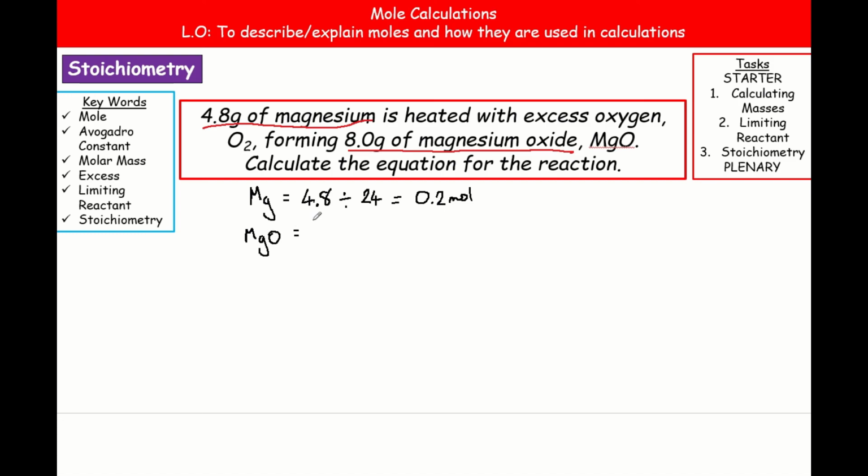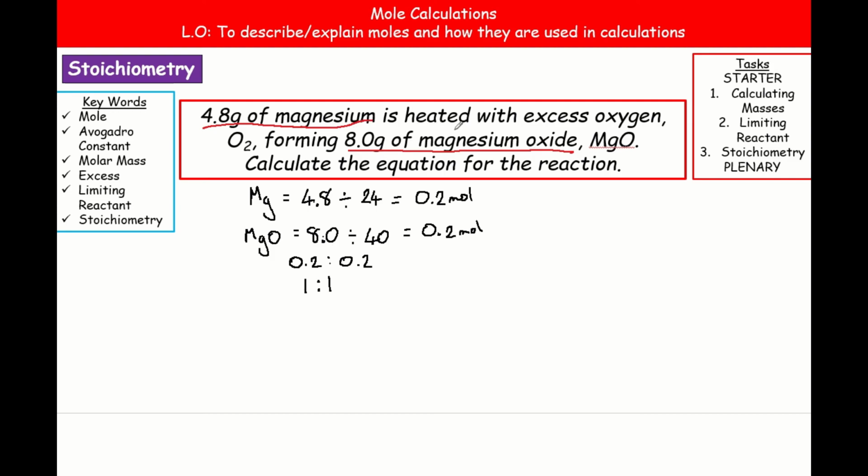We've got 8 grams, and we divide the mass in grams by the molar mass, so it's going to be 24 plus 16, which gives us 40, and that works out at 0.2 moles. So what we've got is 0.2 to 0.2 as our ratio, which we can always describe as a 1-to-1 because they're the same.